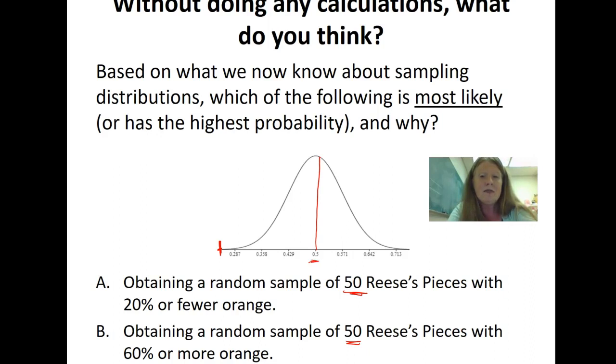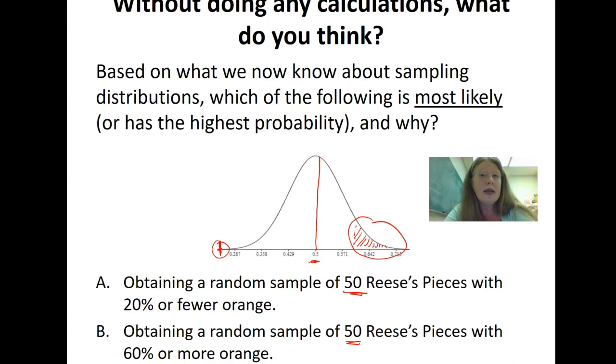If in the population 50% are orange, it would be unlikely that we'd see 20% or fewer orange in a sample of size 50. What about 60% or more? Well, 60 is over here. So obviously this area is larger than this area. So it's more likely, it has a higher probability that we'd see 60% or more.